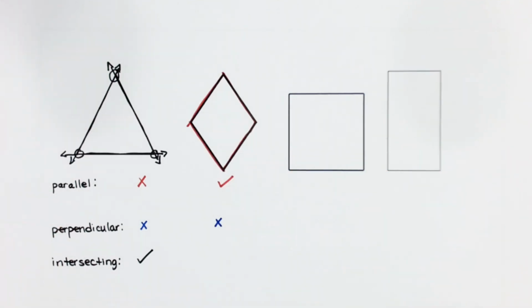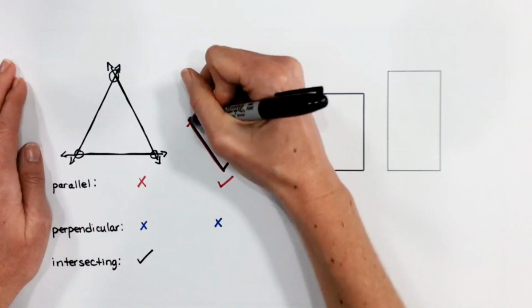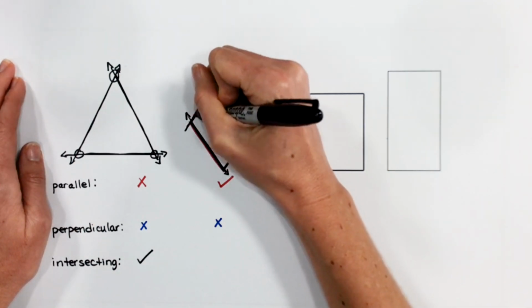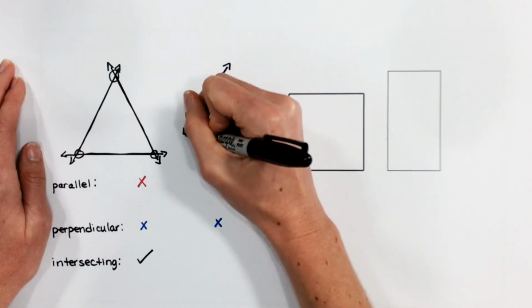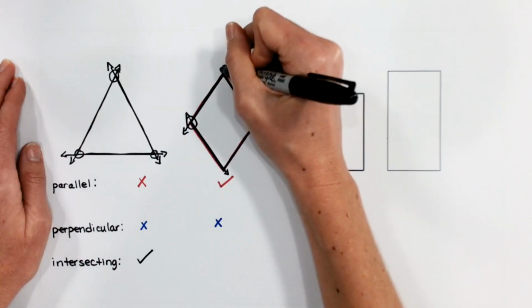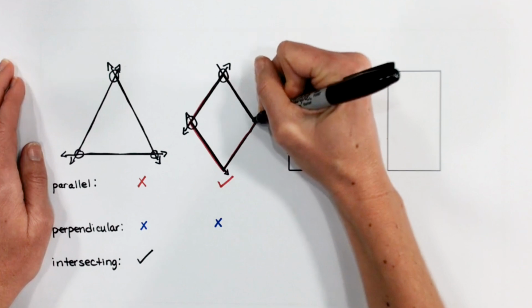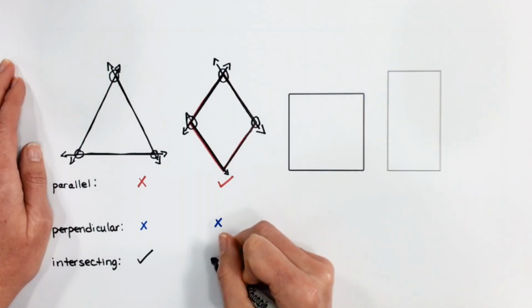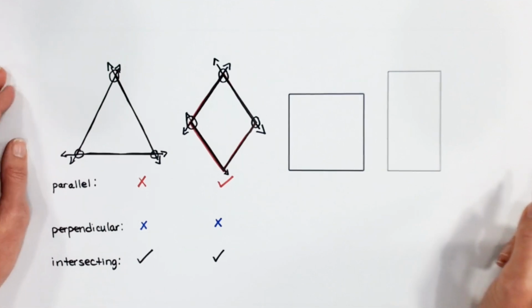And finally, let's look for intersecting lines. I see that this line is going on forever in this direction, and it intersects with this line here. Now at this intersection, it's not 90 degrees, but they are still meeting at a point. So I have my intersecting lines there.